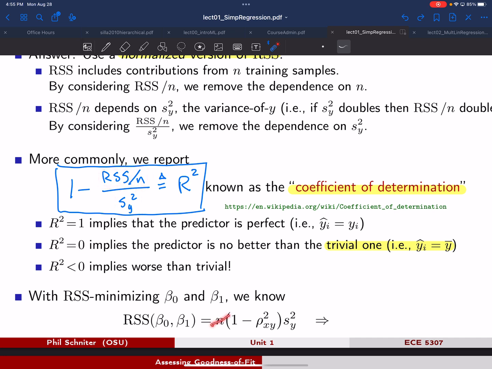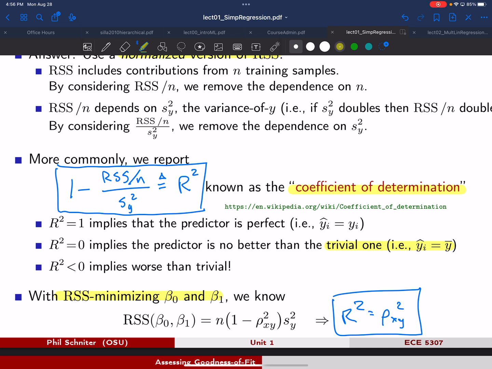Then we're going to take 1 minus that. That gets rid of the 1 minus. At the end of the day, we get that R squared equals rho xy squared. So this is what our R squared can be for the RSS minimizing values.